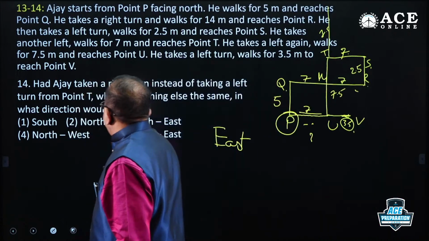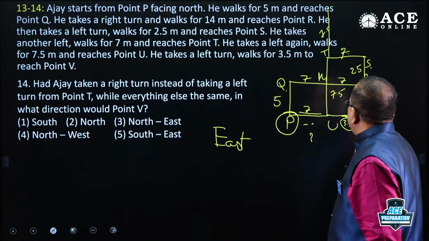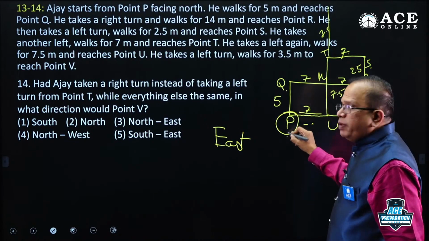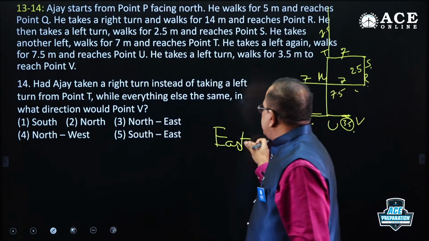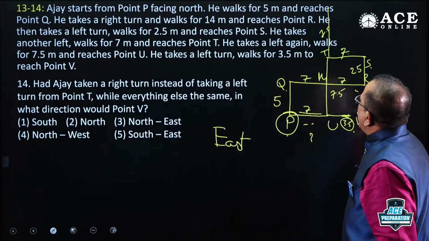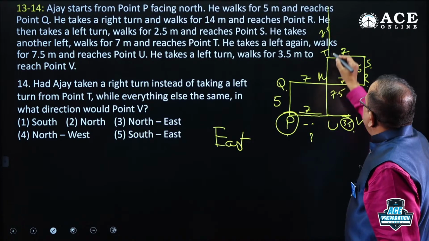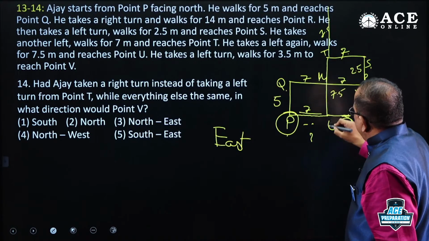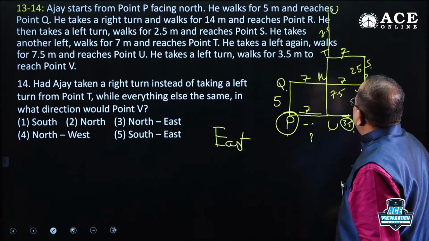And in what direction would point V be? That means where point V will be with respect to point P, that is the starting point. Now this is what we need to understand. Now can you calculate where V is going to be? Now from here he took a left turn and he came to U. Now he is taking a right turn and U will be here.